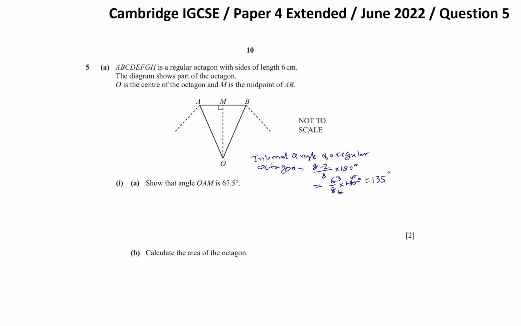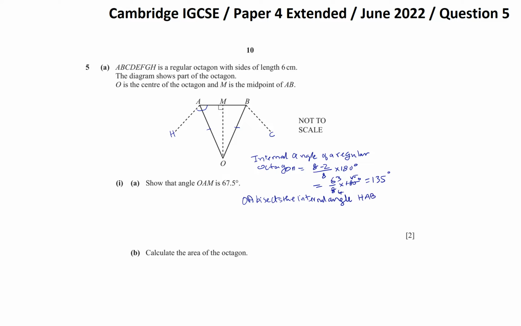Now OA is equal to OB, and OA bisects the internal angle HAB, or HAM, whichever we write.